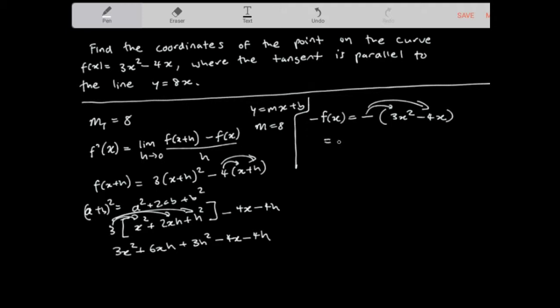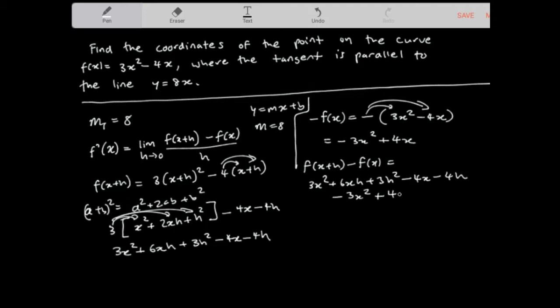You basically get negative 3x squared plus 4x, right? So this is the negative f of x term, and basically f of x plus h minus f of x is equal to 3x squared plus 6xh plus 3h squared minus 4x minus 4h minus 3x squared plus 4x.